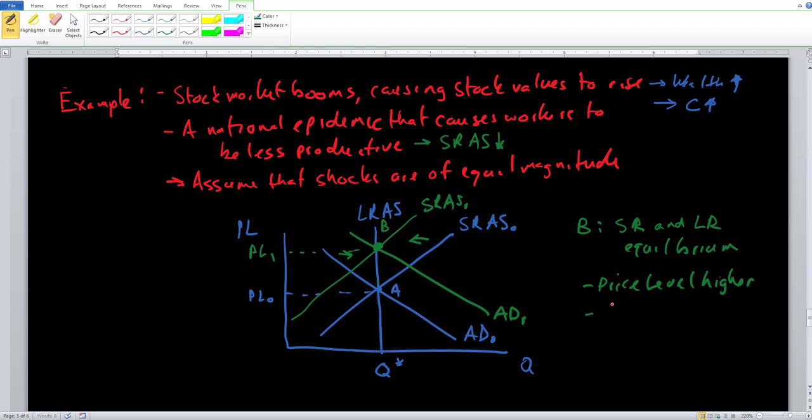We can say that aggregate output or GDP remains the same. And remember, anytime we have these equal magnitude shifts, at least one of these variables is going to be seen as unknown or indeterminate.